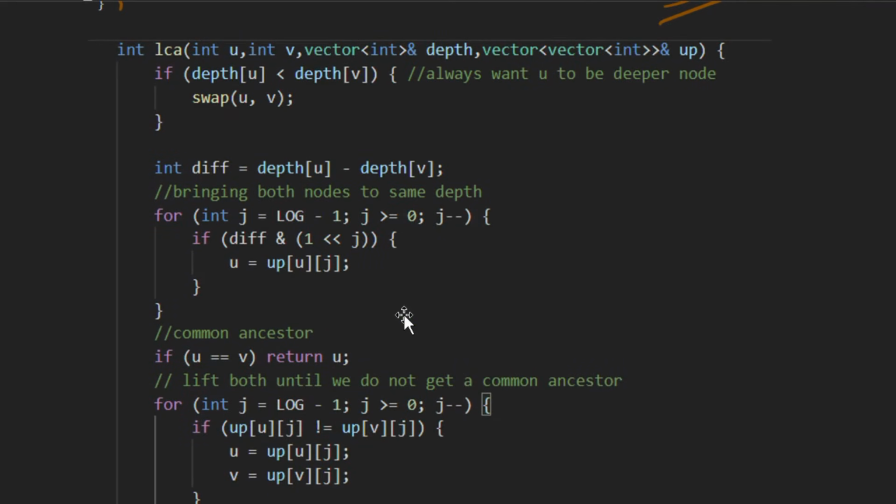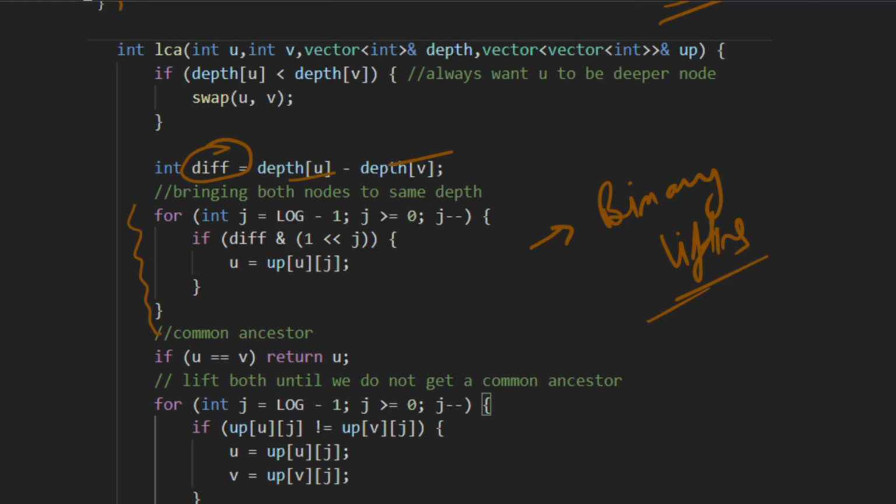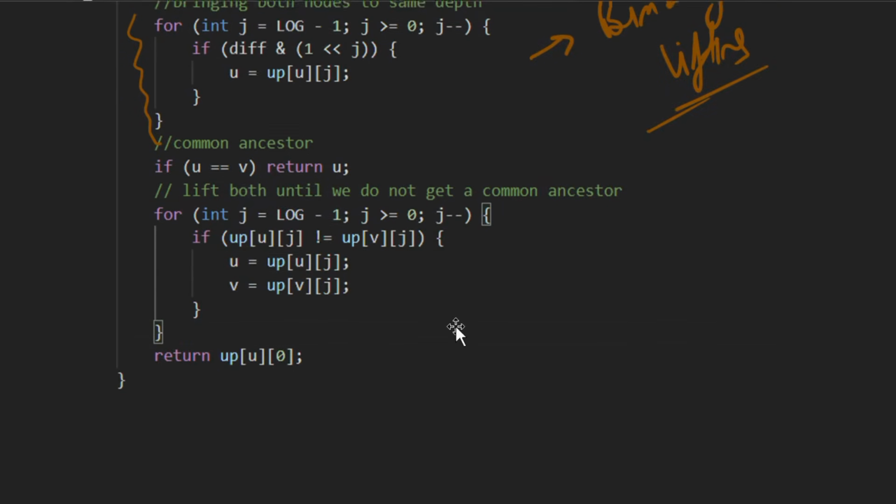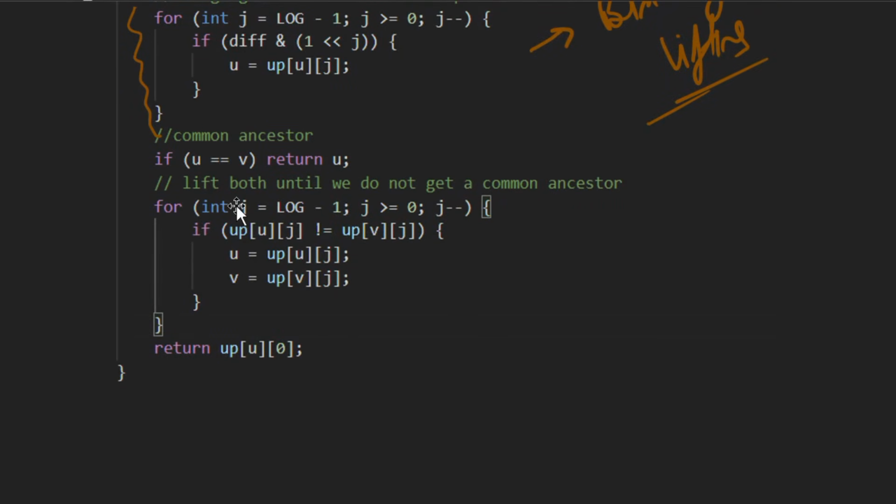And then this function is to find the lowest common ancestor, right? First it takes the difference between the depths of the two nodes, and then we bring both nodes to the same depth using binary lifting that we have already discussed. Once we bring both nodes to the same depth, we check if they are equal.